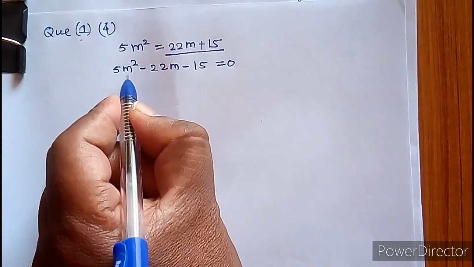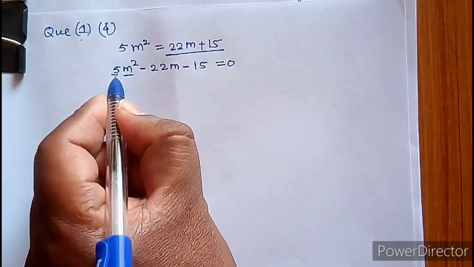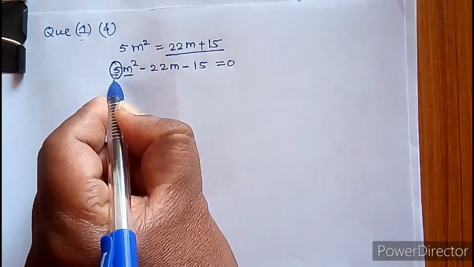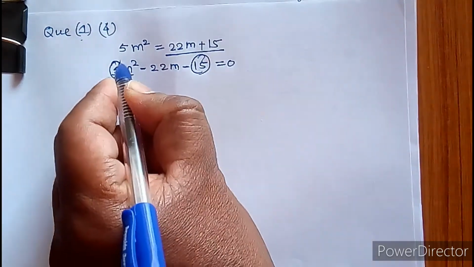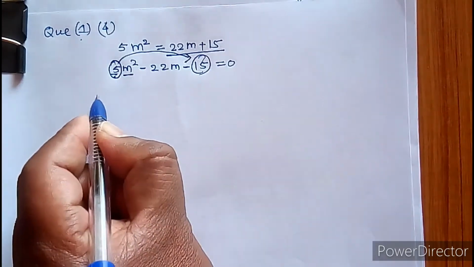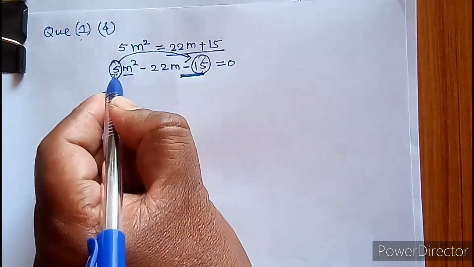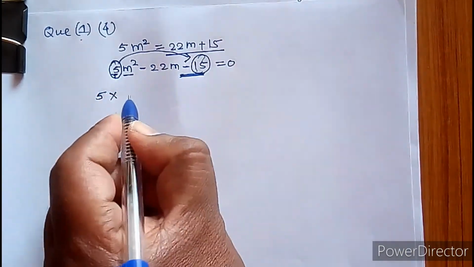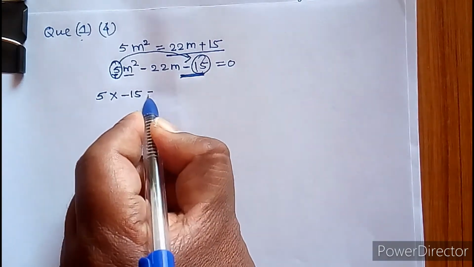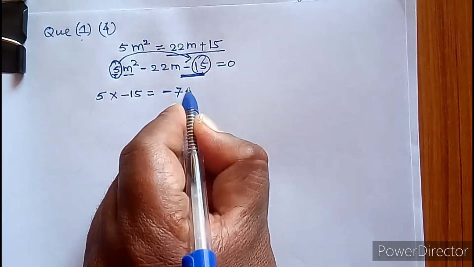Now here the coefficient of m square is 5, therefore multiply this 5 with this minus 15. Minus 15 into 5 will be minus 75.